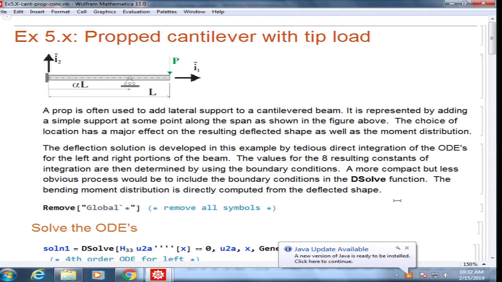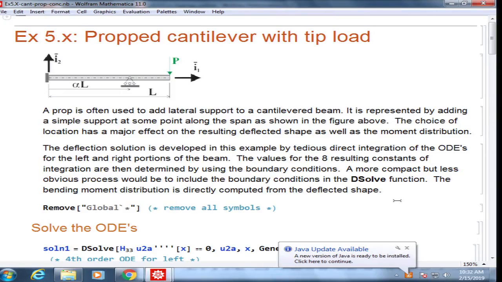If you are imposing conditions on rotations, like the slope, then you cannot have a moment boundary condition, because if you impose a condition on slope, there will be a reaction moment, and that's unknown. We cannot say that moment will be of particular value or moment will be 0.